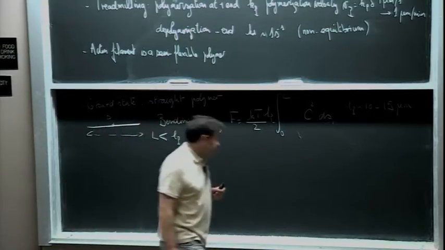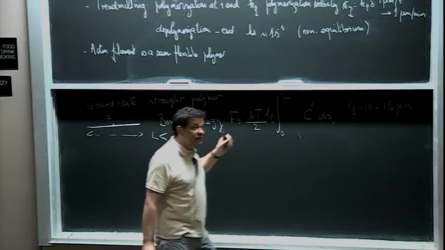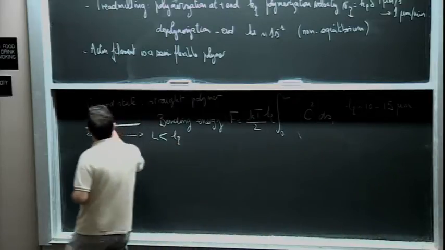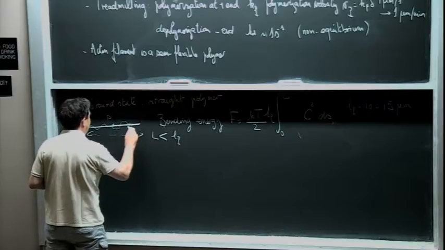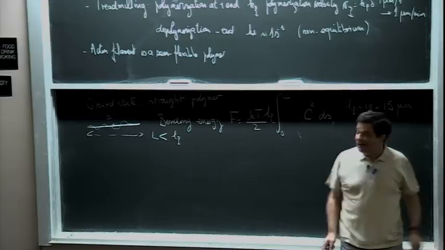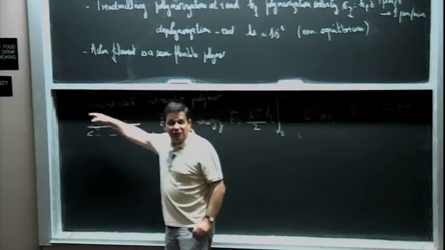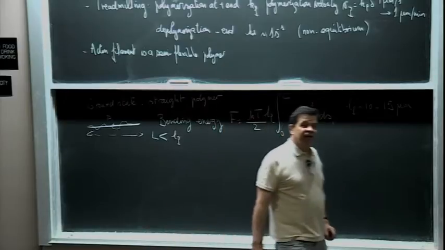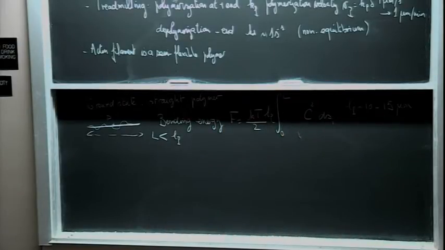What this means is that the filament is almost straight, but it has small thermal fluctuations that bend it locally. So the picture that you should have is a filament like this. And it's a little bit shorter than it would be if it were straight, because I use lengths to make these wiggles here. Now, what I want to discuss briefly is the mechanical property or the elasticity of actin filaments.